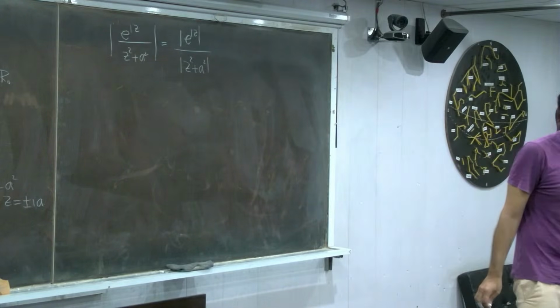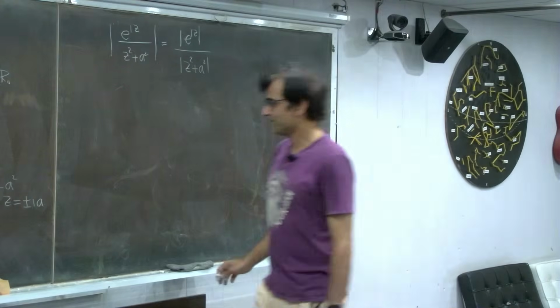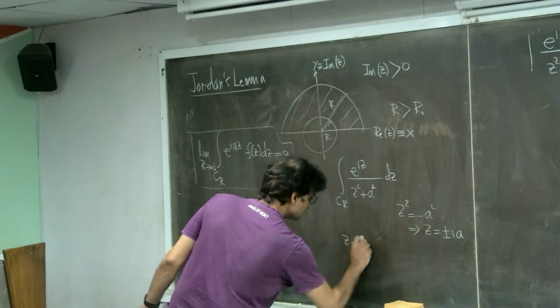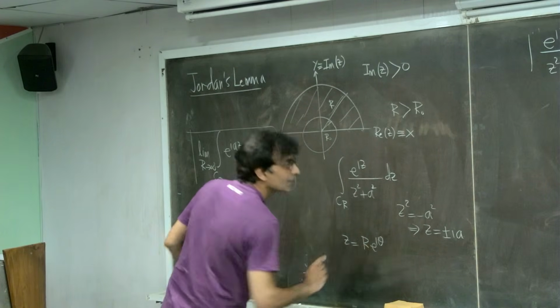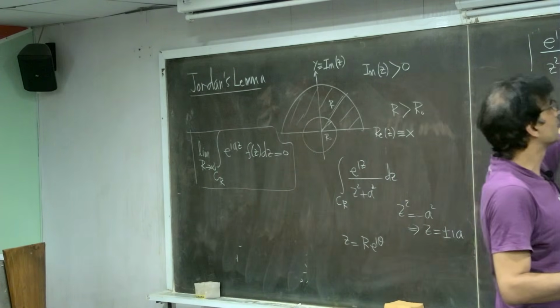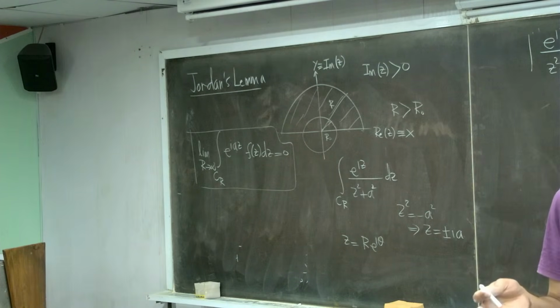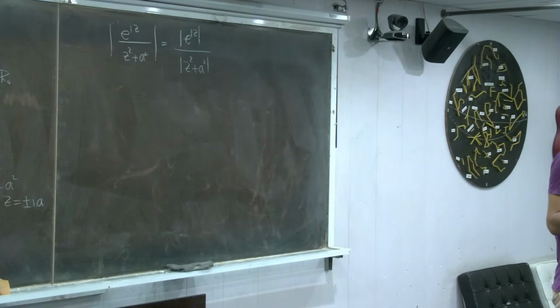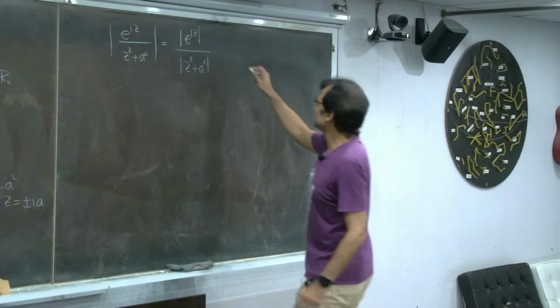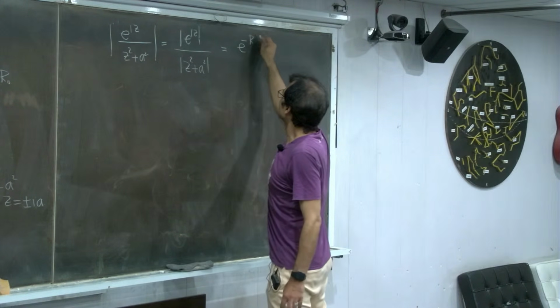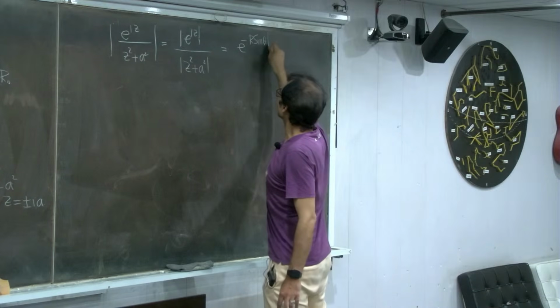What is z? Remember what is z? So it means if you have iota cosine theta, whenever you have anything oscillating, take its mod, the answer becomes 1. And then this one is equal to e to the power minus R sine theta.